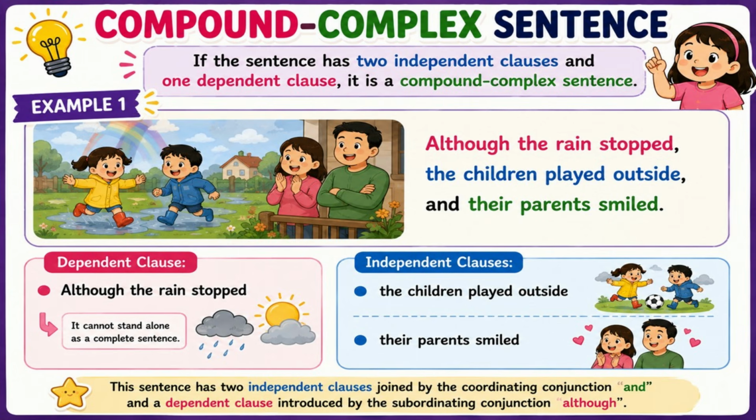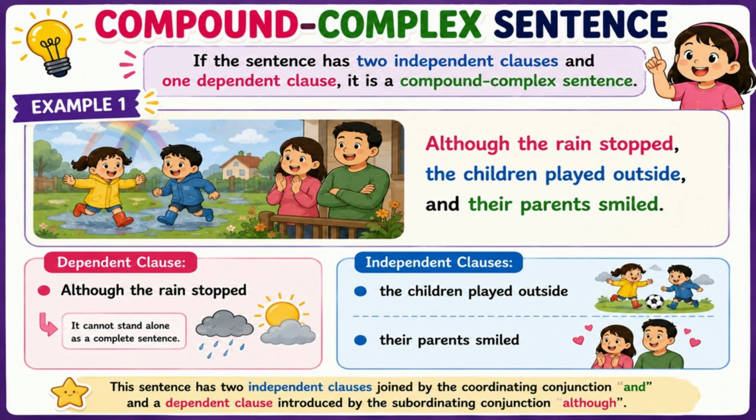Although the rain stopped, the children played outside, and their parents smiled. The dependent clause is "although the rain stopped." It cannot stand alone as a complete sentence. The two independent clauses are "the children played outside" and "their parents smiled."